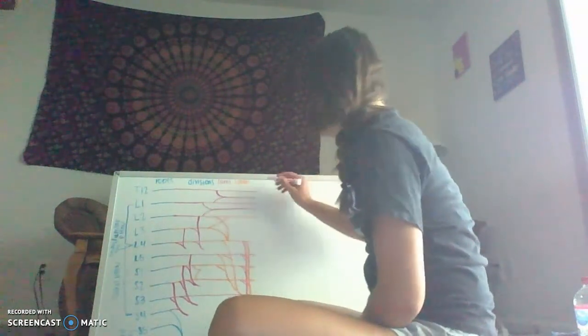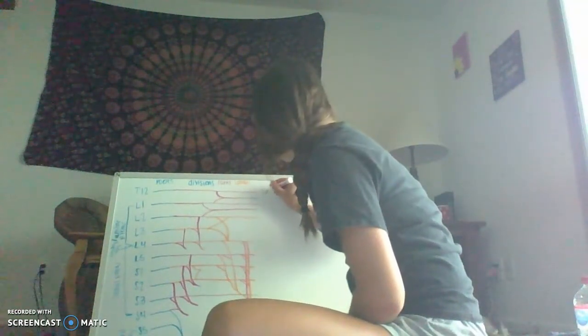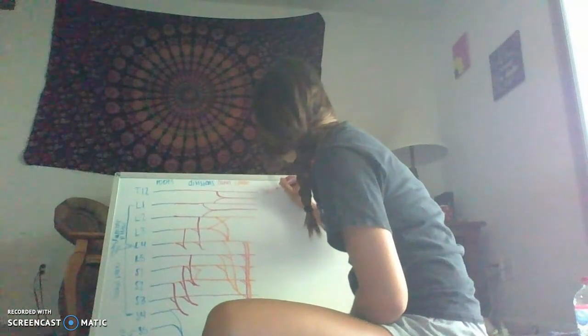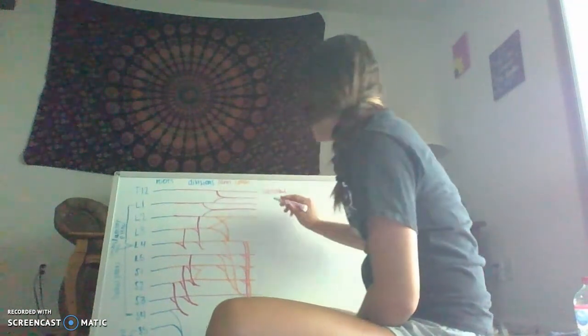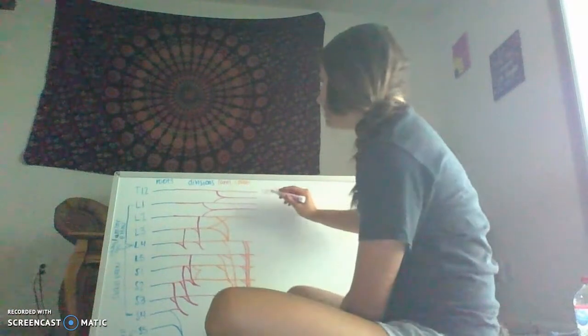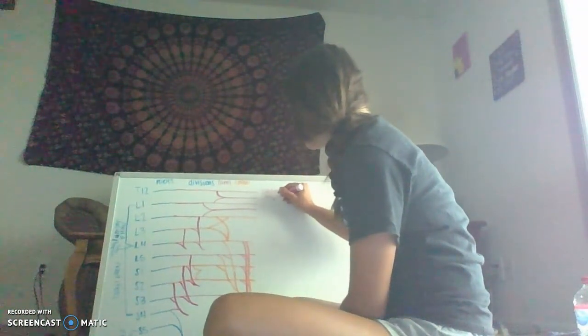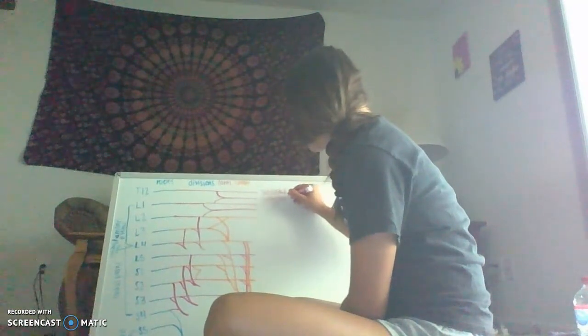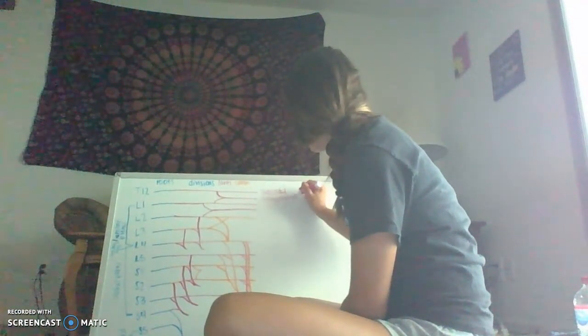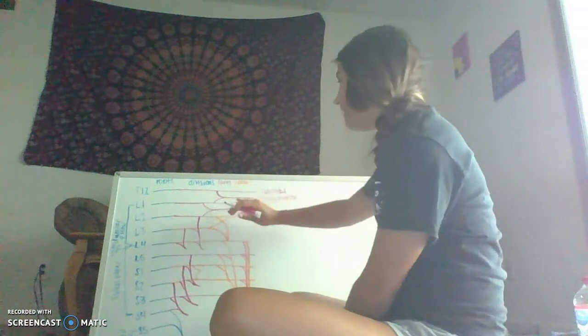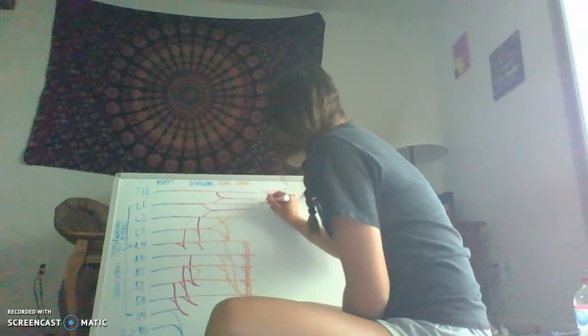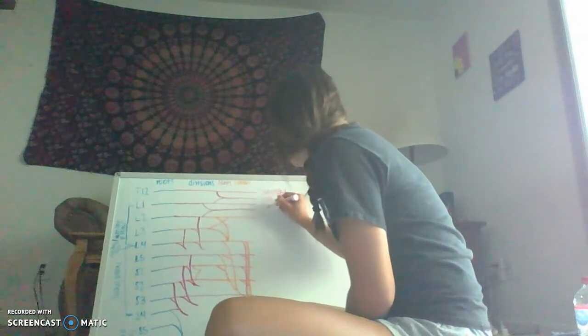And then if we start coming off of T12, we have the subcostal nerve. And then from T12 to L1, we have the iliohypogastric nerve. And then off of L1, we have the ilioinguinal nerve.